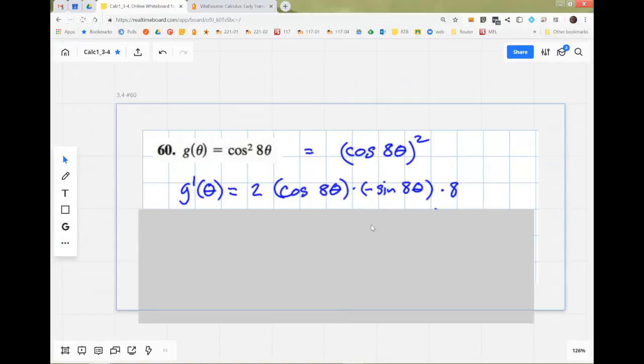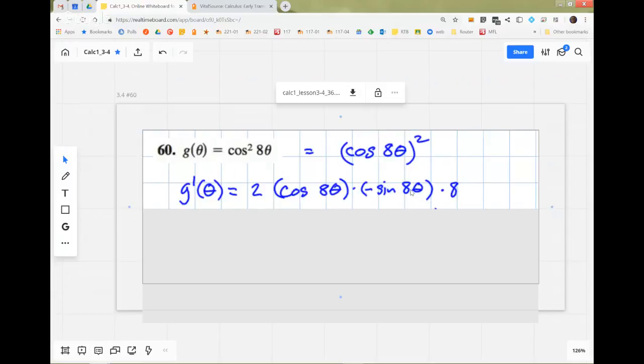We bring the 2 down, multiply it by the cosine of 8 theta to the first power, and then we do the chain rule, because the derivative of the cosine is minus the sine of that angle. And then we do the chain rule again, because 8 theta is also a function.